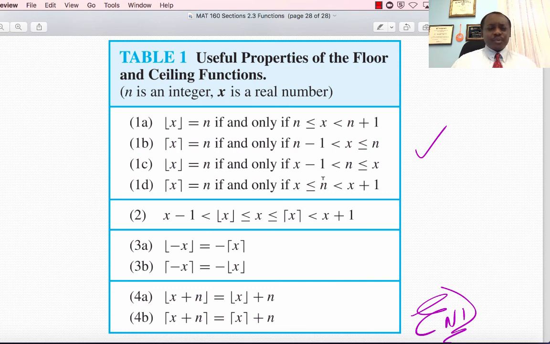Those are some exciting proofs we would look at later concerning functions. But for now, Math 160 discrete methods, we would end at this point.